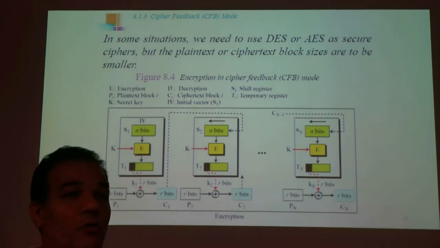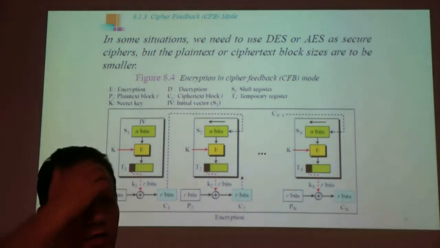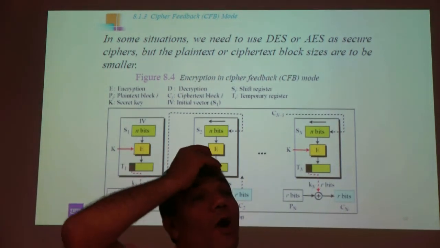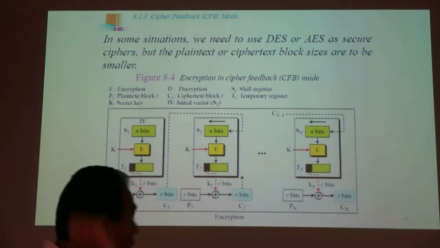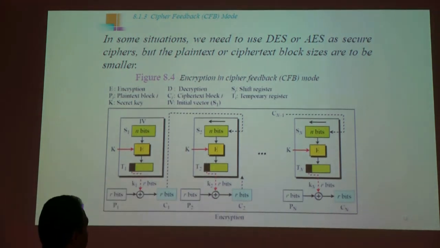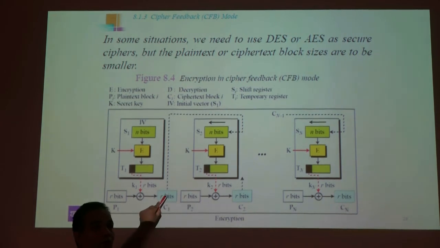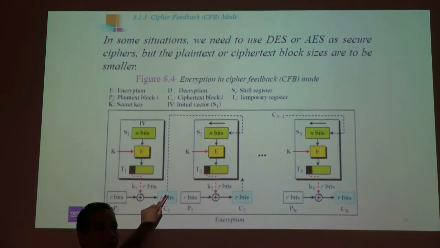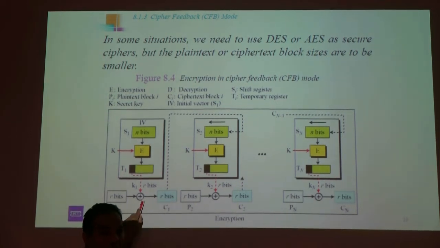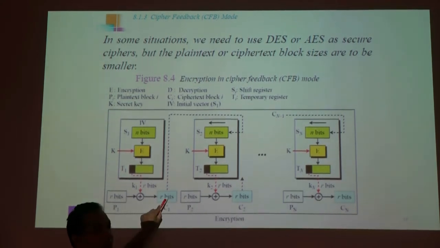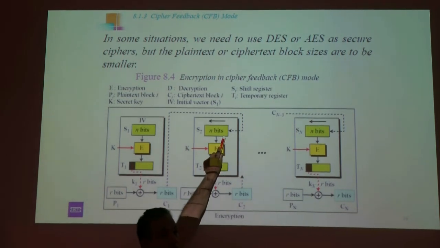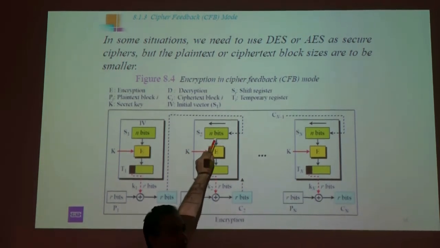So what do I do? Shift. How can I know how many times I have to shift? Who tells me how many times I have to shift? The output of the first cipher. So if the output is 4, for example, how many times do I have to shift? 4. Then I have a new IV in here.